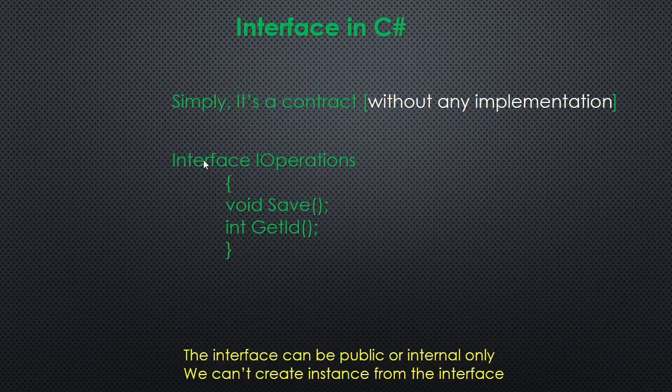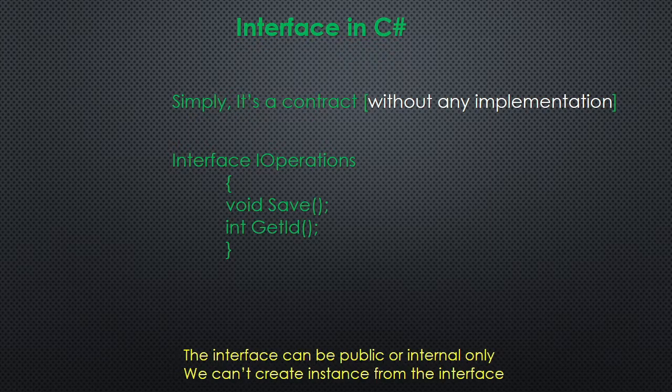It is the same way of creating a class, but rather than the class keyword, I use the interface keyword. The functions should have no implementation, and everything should be public or internal in order to be accessed. Otherwise, it will be useless.